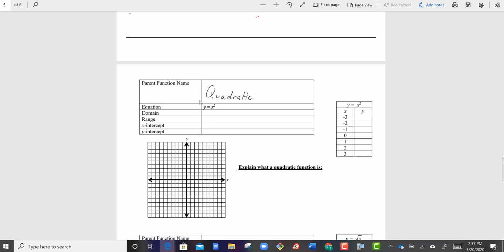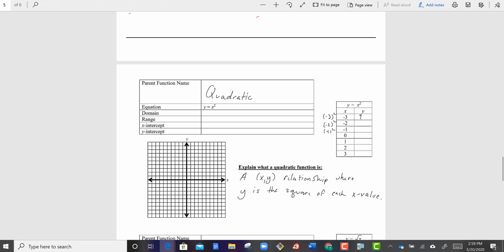All right, the next parent function is the quadratic function. We've talked about this one already. So a quadratic function is simply an xy relationship where y is equivalent to the square of each x value. So to get the y value, we're just squaring -3, squaring -2, squaring -1.